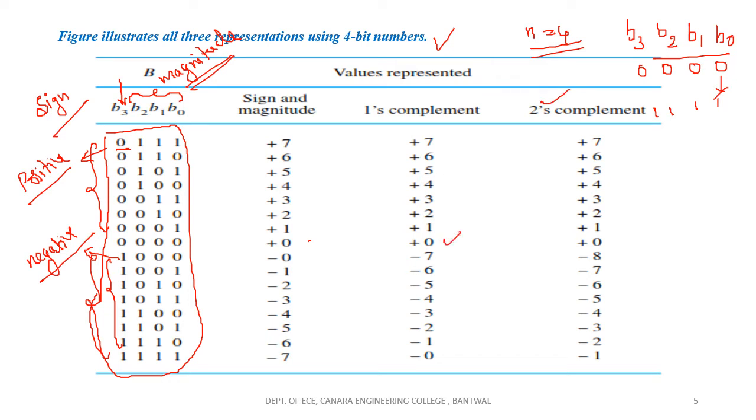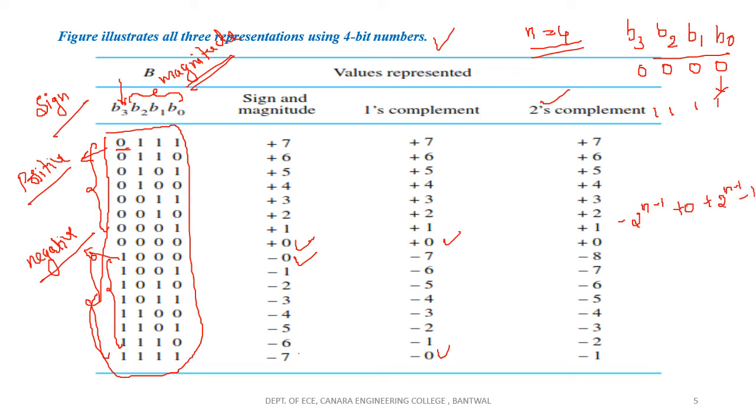There is no confusion of plus 0 and minus 0 as in the sign and magnitude and the ones complement, where we have a different representation for positive as well as negative zeros. Here in two's complement, one more advantage is that the number ranges from -2 power n minus 1 to plus 2 power n minus 1, minus 1.